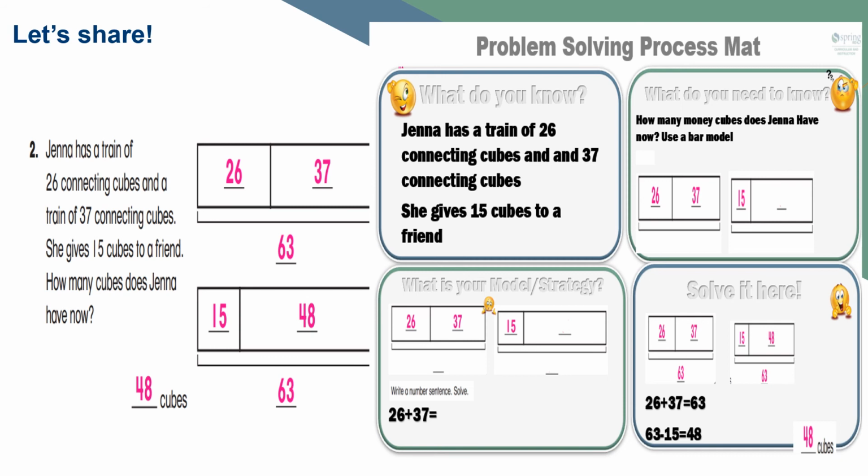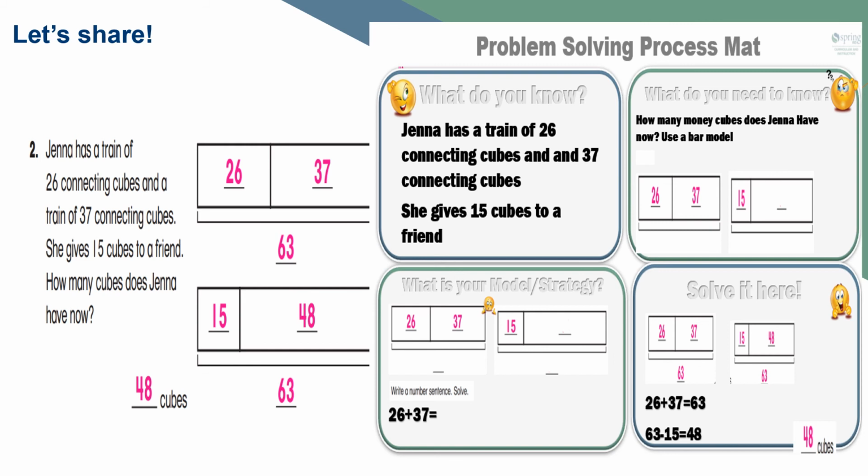So in box number 1, what do you know? Well, we know Jenna has a train of connecting cubes of 26 and 37 connecting cubes. She gave 15 cubes to a friend. Box number 2, what do we need to know?